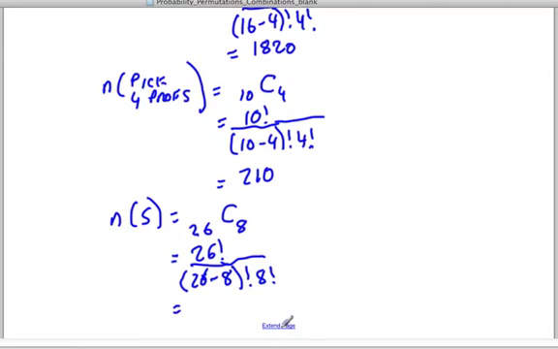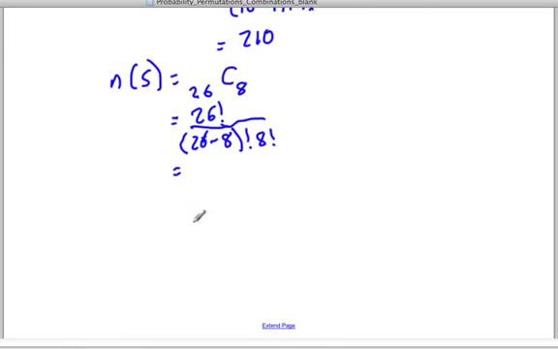Now, that comes out to be 1,562,275 ways that we can pick a committee of 8 people out of 26.